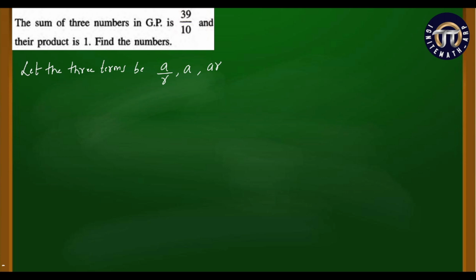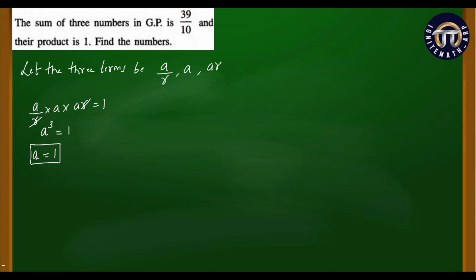Sum of 3 terms of GP is 39 by 10 and their product is 1. So now the product of the terms is equal to 1, in the sense A by R into A into AR is equal to 1. So R will get cancelled. I'll be left with A cube is equal to 1. So A is equal to cube root of 1, that is 1 itself.